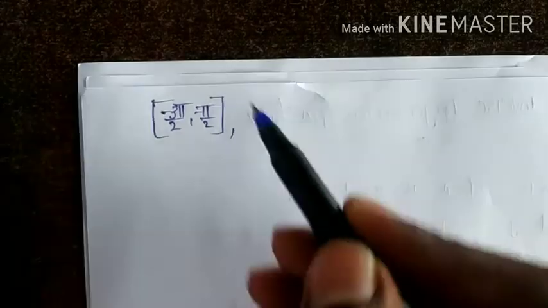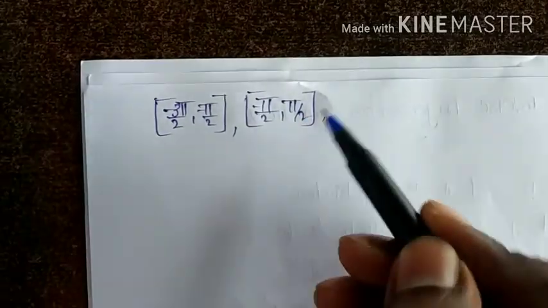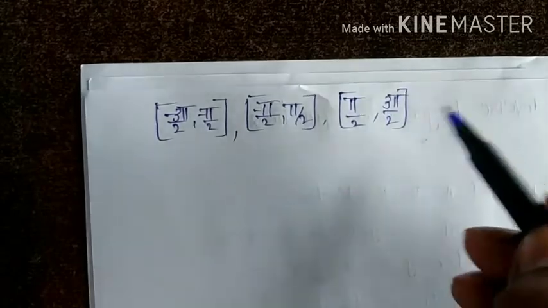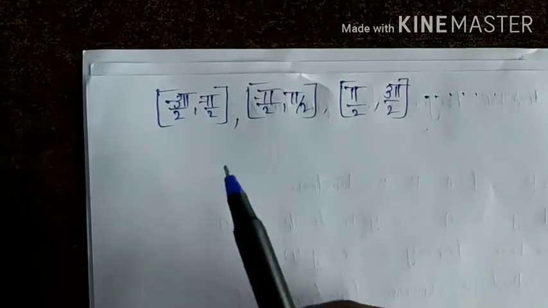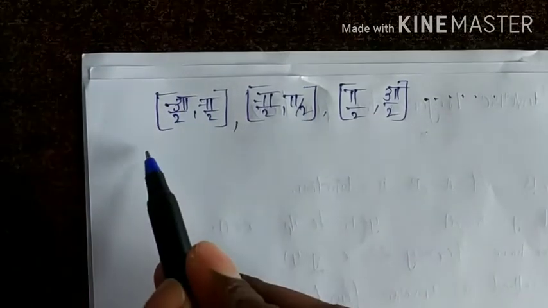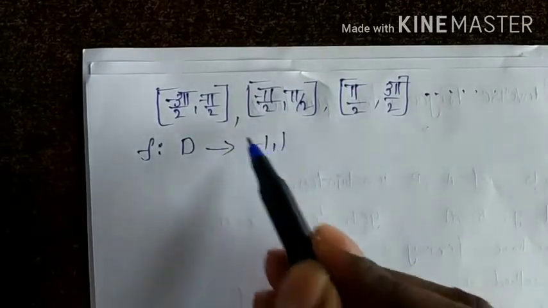These domain values are [-3 pi by 2, -pi by 2], and here closed brackets you need to use, [-pi by 2, pi by 2], and [pi by 2, 3 pi by 2], and so on. For these intervals the sine function is defined. So finally we can write f from certain domain to [-1, 1].